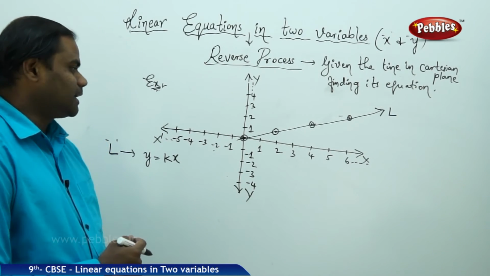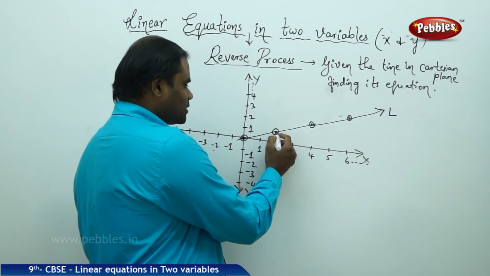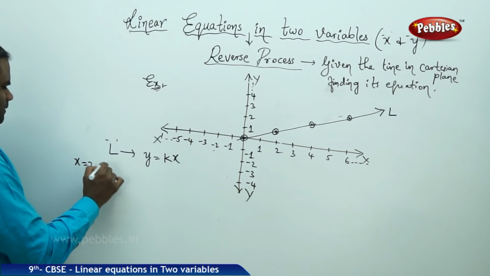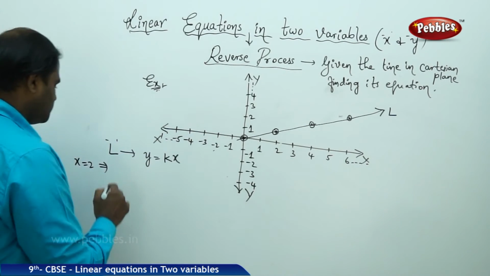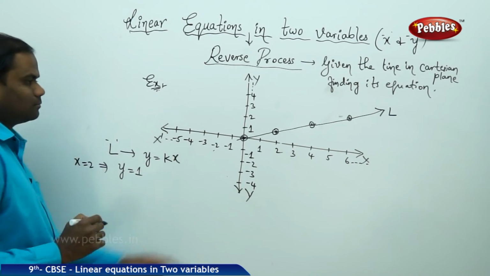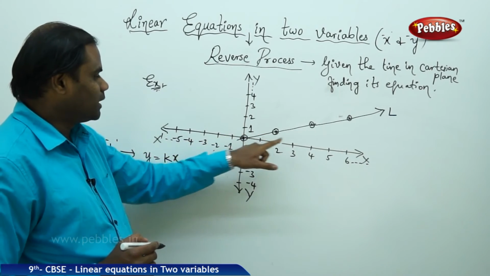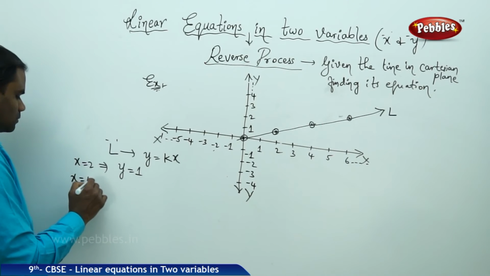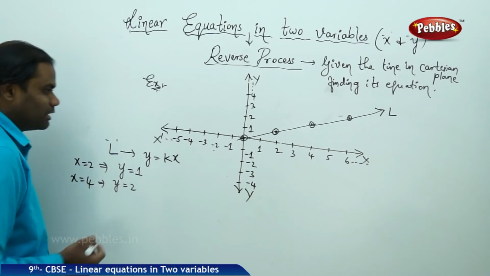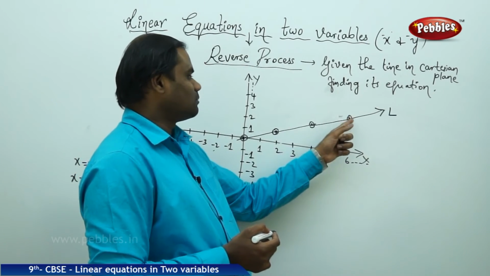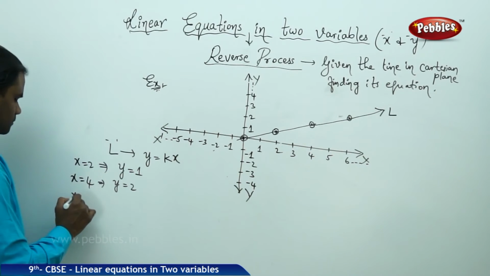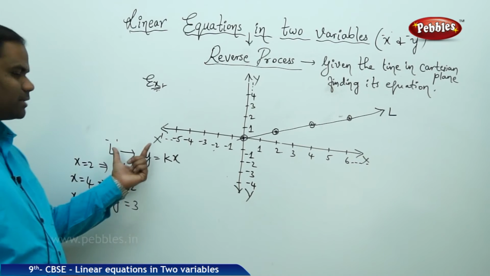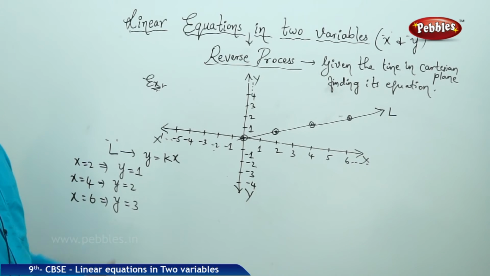And similarly, I see that when x is 2, I identify its y as 1. Now when x is 4, I see that my y is 2. Similarly, when I take the third point, when x is 6, my y is 3. So I try to identify a pattern between the x values and the y values.